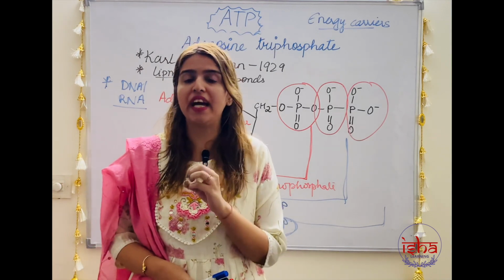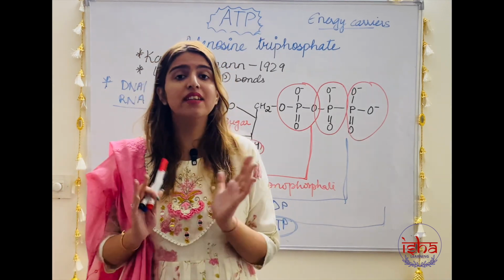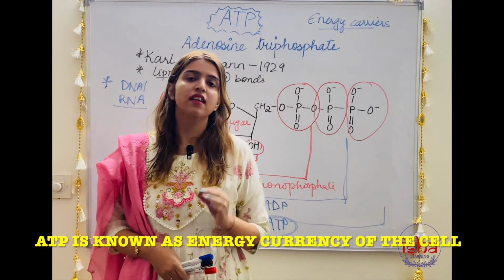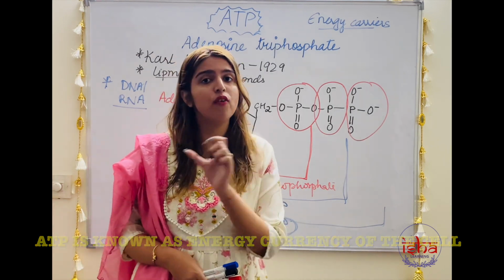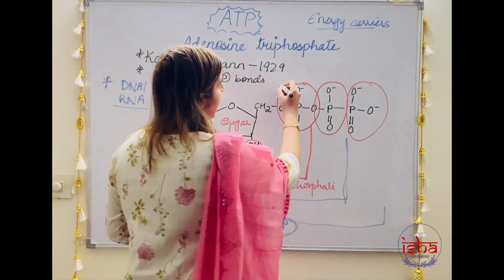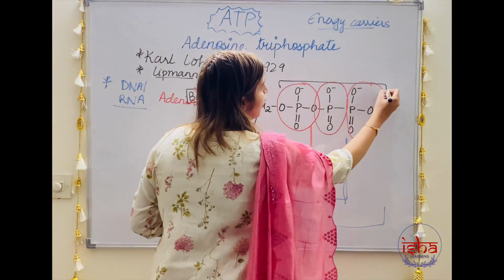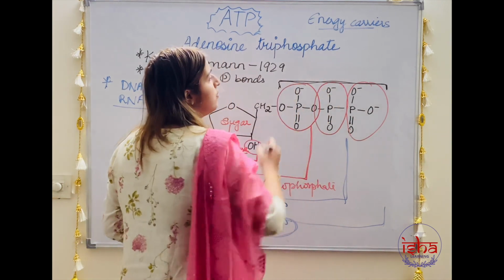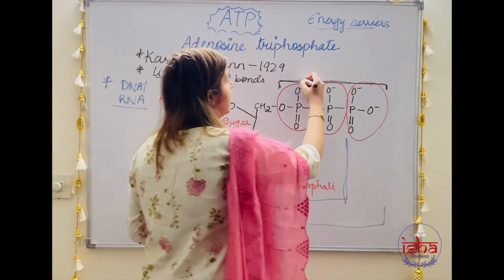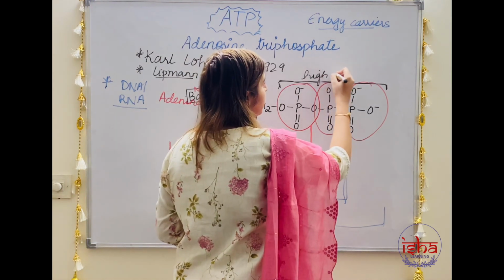Now let's move ahead and talk about why this molecule is known as the energy currency of the cell. This is because there are 3 phosphate groups present in the structure of this molecule. And all these phosphate bonds store a lot of energy in them. They are in fact high energy bonds.